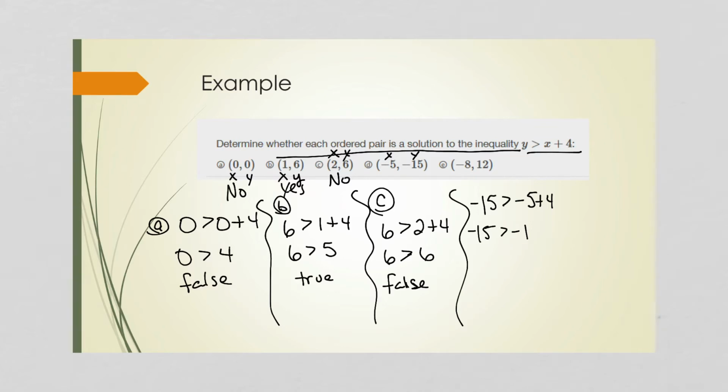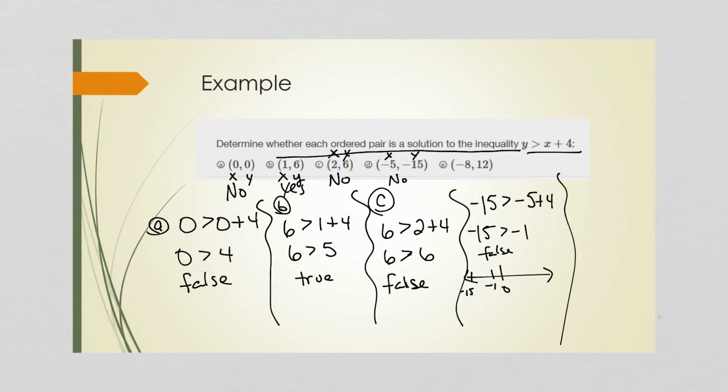Which one is greater? And don't forget, on a number line, here's negative 1, and down here somewhere is negative 15. The number that is further on the right is your bigger number. In this case, this makes a false statement, so I would say no here.